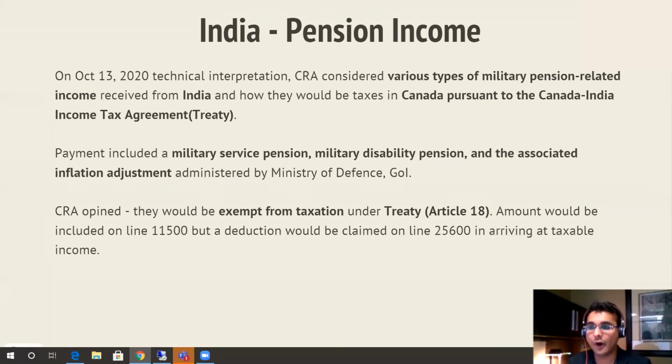Private pensions are always considered separate from government pensions throughout the tax regimes. So I would not be surprised if they have a difference between a government sector pension and a private sector pension in Article 18 of the treaty. Okay, so that's the reason.